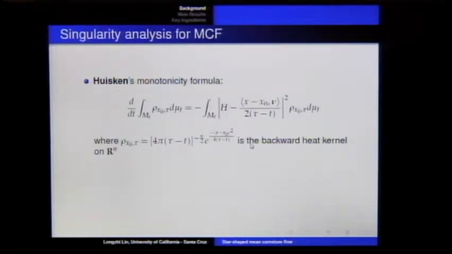So the singularity analysis, I guess, relies heavily on the following formula, which nowadays is commonly referred to as Huisken's monotonicity formula. If you take the backward heat kernel of the n-dimensional Euclidean space, then integrate it over the moving hypersurface, and then take the time derivative of that functional, you get minus the square of this quantity times the backward heat kernel.